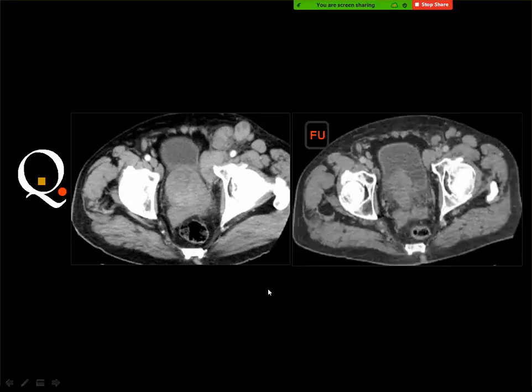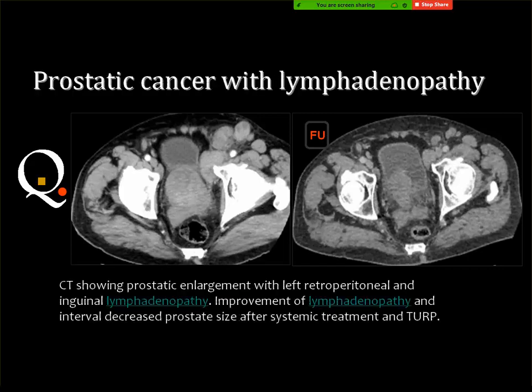This is the follow-up after chemotherapy, with regression, and the possibility of invasion to the bladder. This actually was a prostatic cancer with metastatic lymphadenopathy. You can assume this from this film, and you confirm your diagnosis by the response to the chemotherapy.